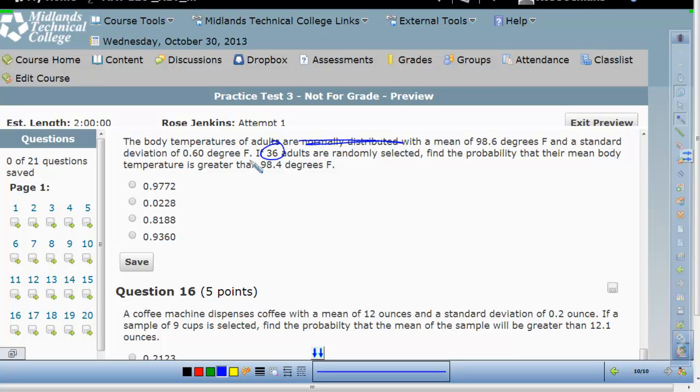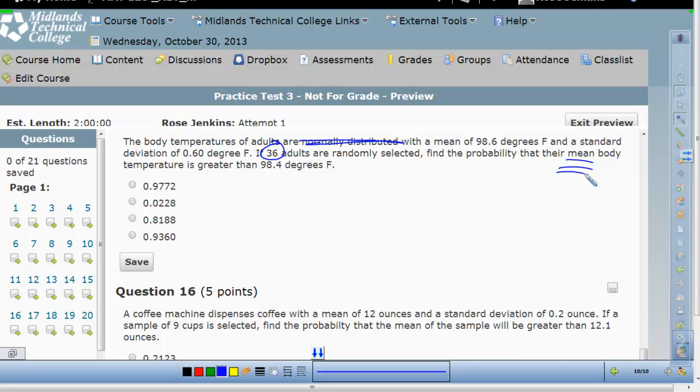If the sample size is less than 30, but the original population was normal, for instance if it had said normally distributed here but we only had 18 people in the sample, the distribution of sample means is still normal. For a smaller sample size, as long as it started out in a normally distributed population, the means are still normally distributed.